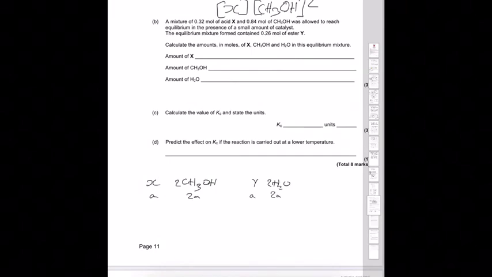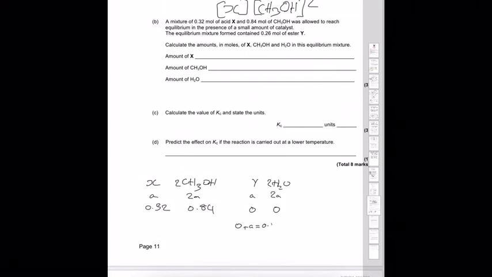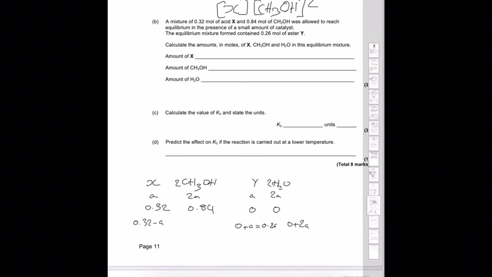Then you put your initial amounts in, and the initial amounts were 0.32 and 0.84 and 0 and 0. Then you write your expressions. So 0 plus A gives you 0.26. That tells you that A is 0.26. So 0 plus 2A, 0.32 minus A, 0.84 minus 2A.